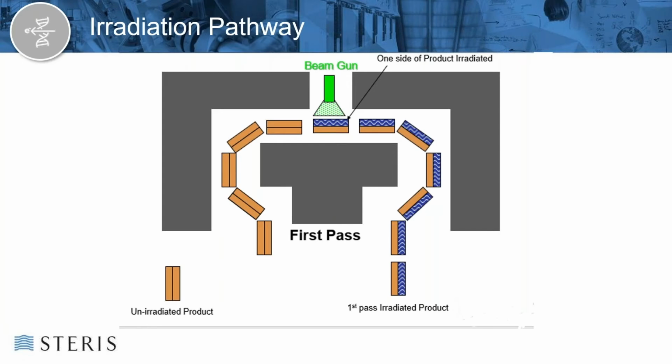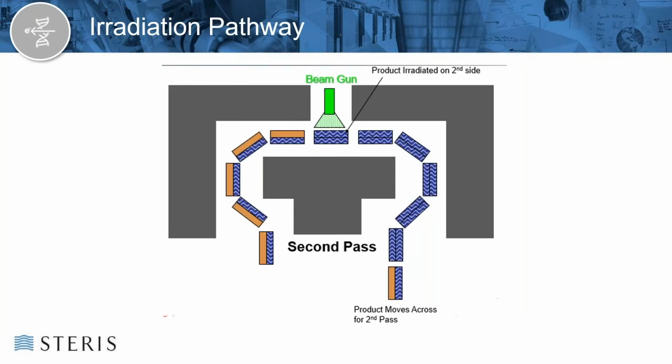It's a useful visual tool in those systems. Going around for the second pass, you'll see products will end up with the coloring on both sides. You've seen both passes. The control systems are designed to ensure that every load of product sees the requisite number of passes and rotates.